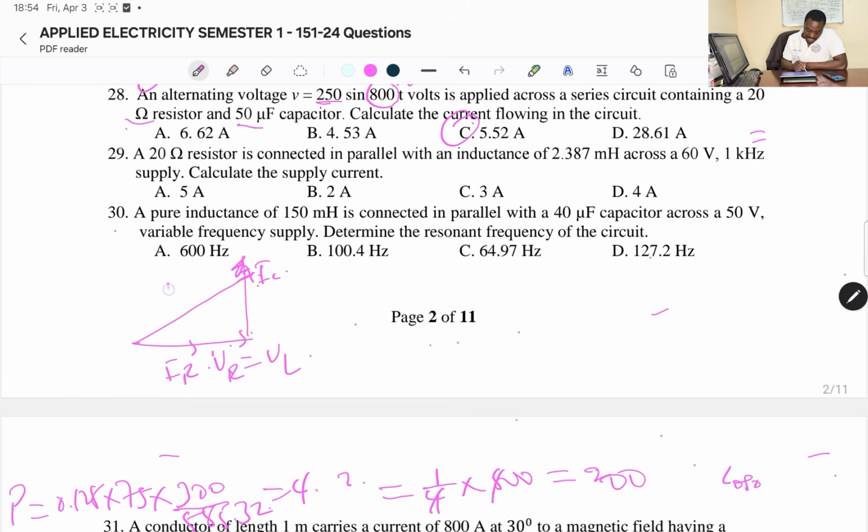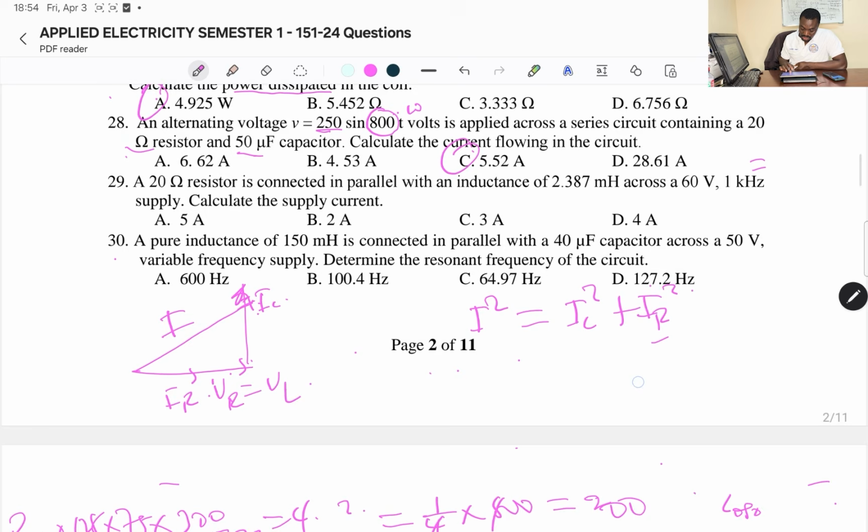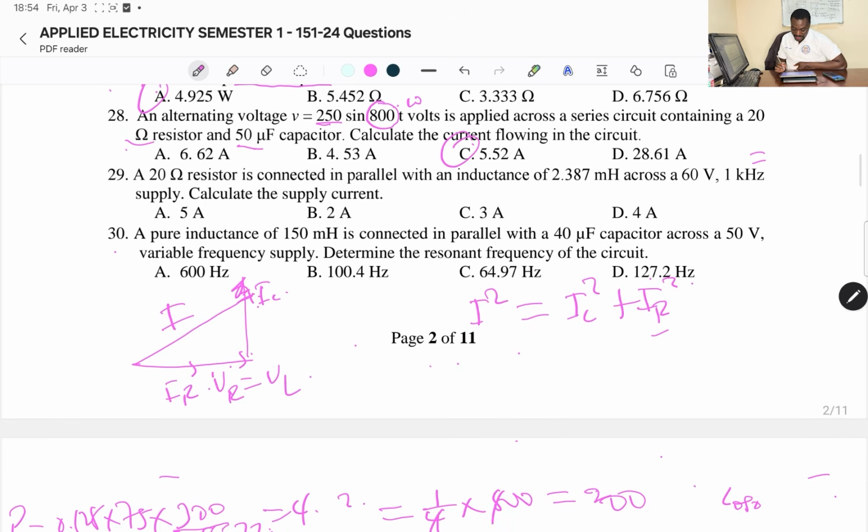So we sketch this, and the diagonal represents the current supply. That means I can write the current supply, which we are interested in, I square equals IL square plus IR square. So how do I get IR and IL? We can get the current passing through the resistor, IR, because we know the voltage supply.